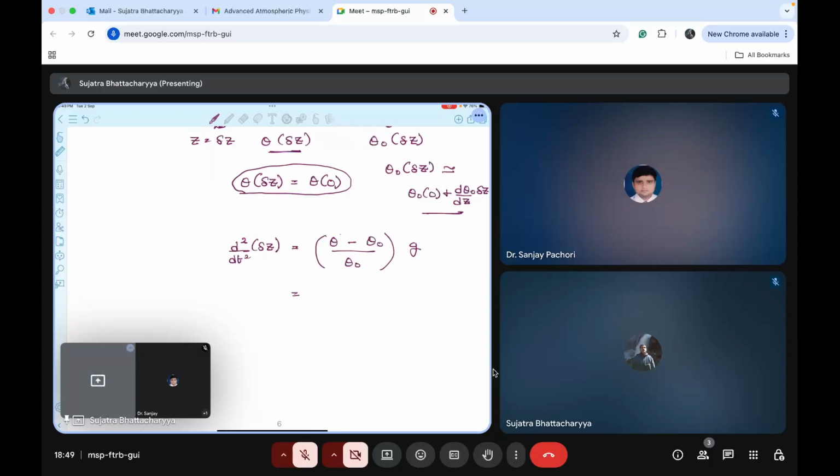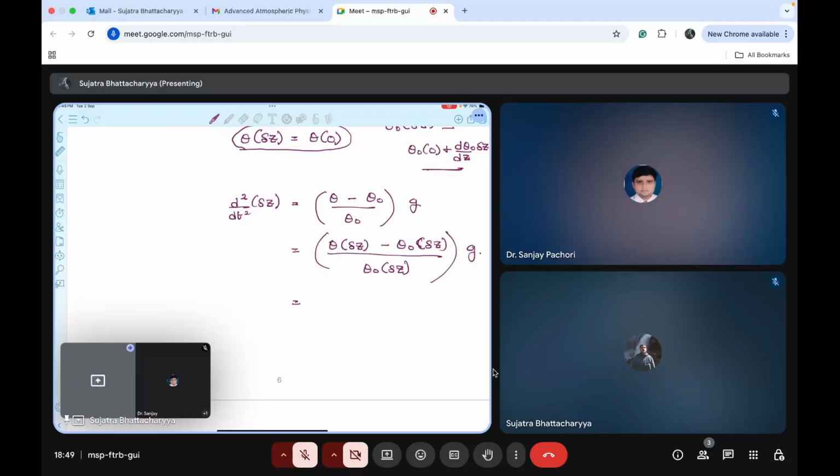Theta of delta z is theta 0, minus theta naught of delta z, which is theta naught of 0 plus d theta naught by dz into delta z, divided by theta naught of delta z, into g.